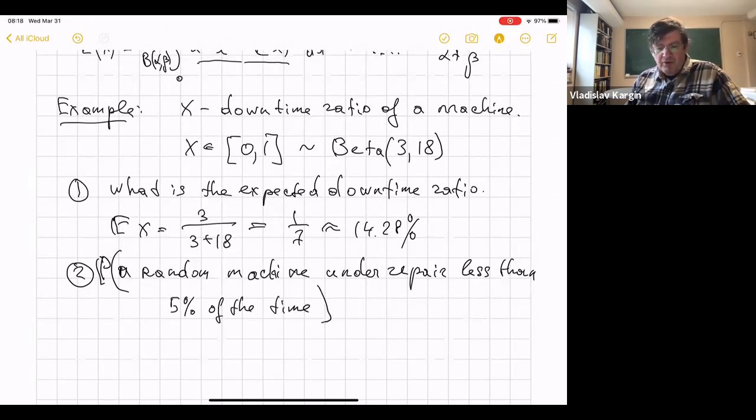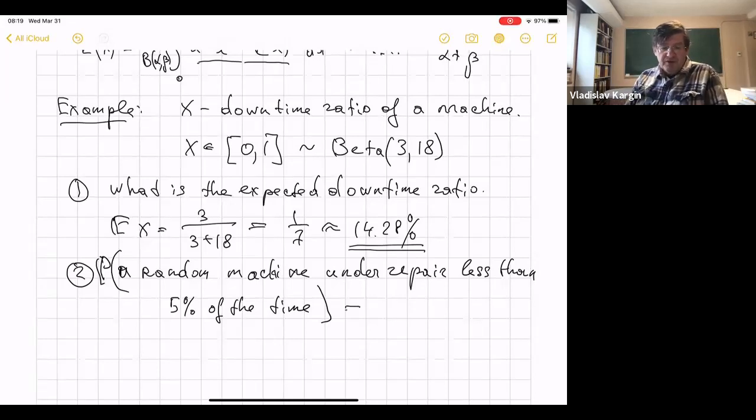It's much better than the average machine, because the average machine is under repair around 14% of the time. So what's the probability that this randomly selected machine is good?